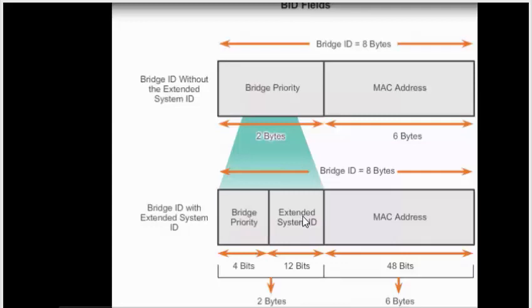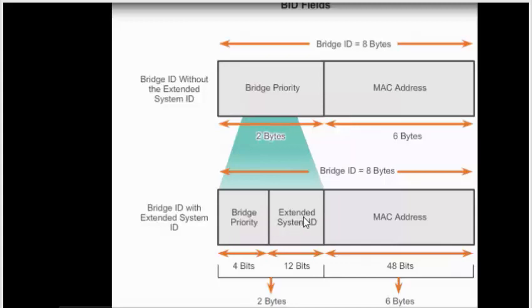This explains why the bridge priority value is configured in increments of 4096, because 2 to the power of 12 is 4096. The 4-bit bridge priority value and the 12-bit extended system ID together make up the BID.